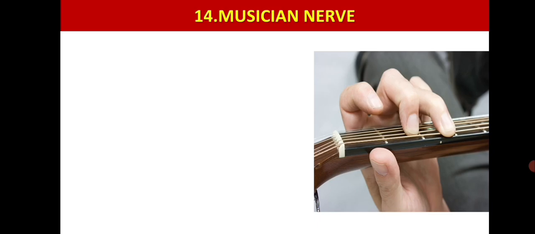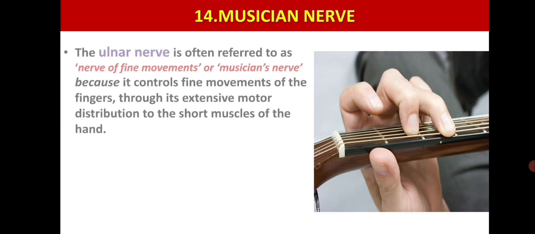So the next question is about the musician nerve. Musician nerve is nothing but the ulnar nerve. It is also known as the nerve of fine movements, because it controls all fine movements of the fingers through its extensive motor distribution. The ulnar nerve is a mixed nerve.